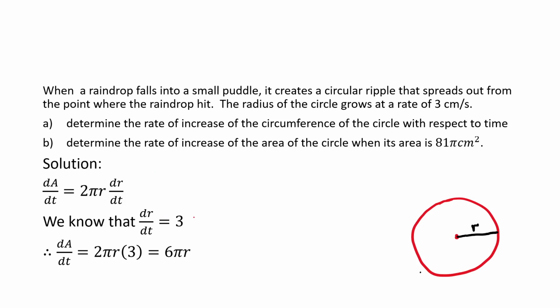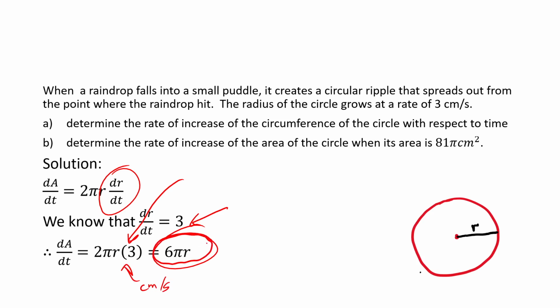We know that dr over dt equals 3, so we plug a 3 in right there, and we can say that dA over dt is equal to 6 pi r. Now, this 3 is measured in centimeters per second, so we're going to have appropriate units at the end. If you keep your units consistent throughout, you'll be able to determine what the appropriate units should be at the end of each question.